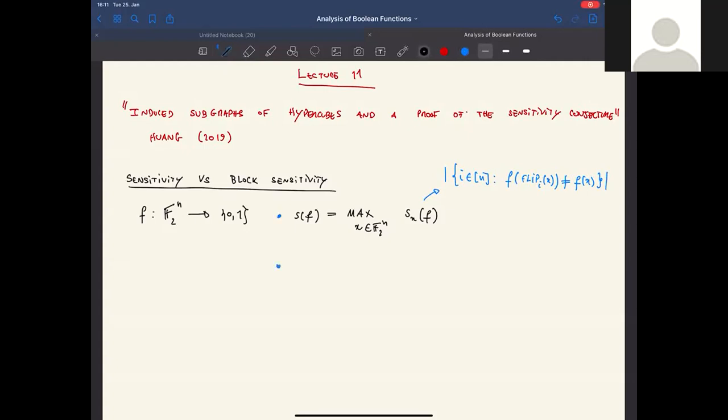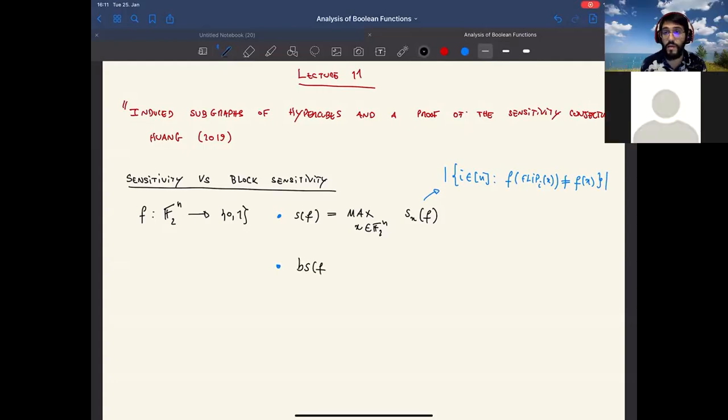And block sensitivity, again just recalling what we did in our last class, is again taking the worst case scenario.